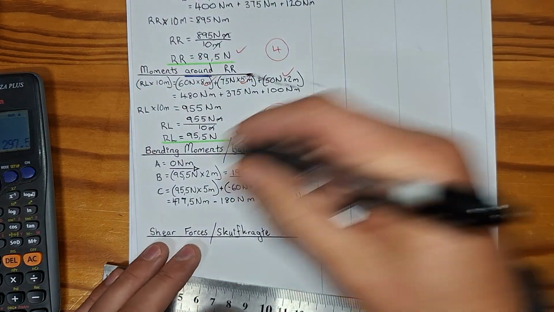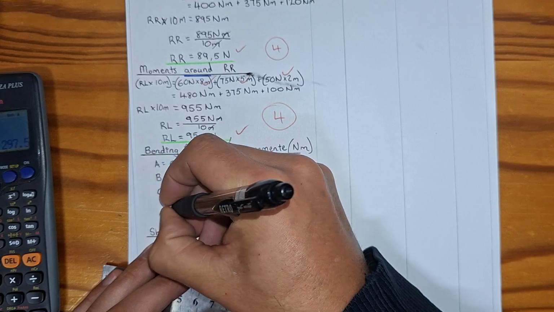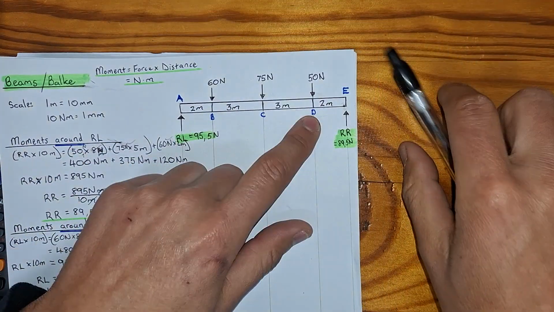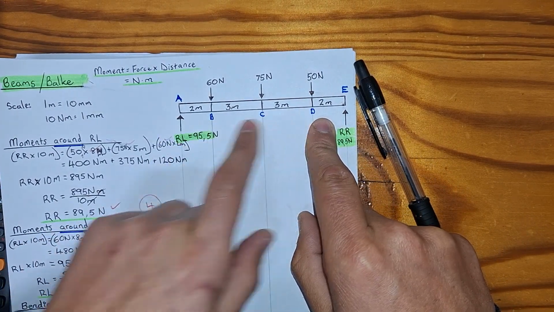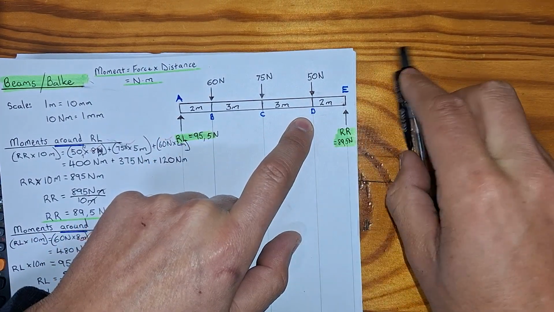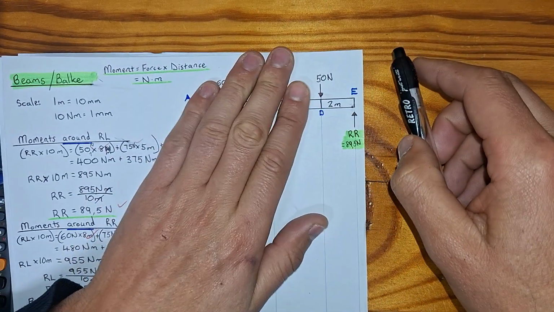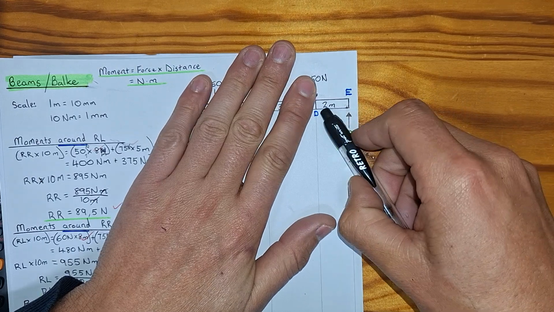Okay, next we have to calculate the bending moment at D. Okay, so the bending moment at D, we're going to have a look at what is the shortest route to either the left or the right side. In this case, the right side would be the shortest route. So we could say 85 newtons times 2 meters.